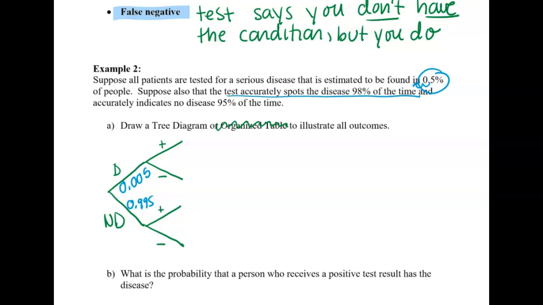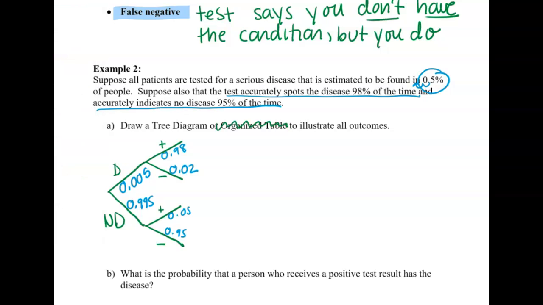So if you have it, it says you do 98% of the time. If you have the disease, it says you don't, then 2% of the time, because 1 minus 0.98 is 0.02. It accurately indicates no disease 95% of the time. So if you have no disease, accurate is going to be saying you have no disease or a negative test. So that's 95%. 1 minus 0.95 is 0.05.